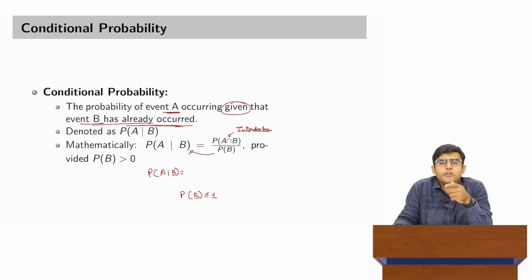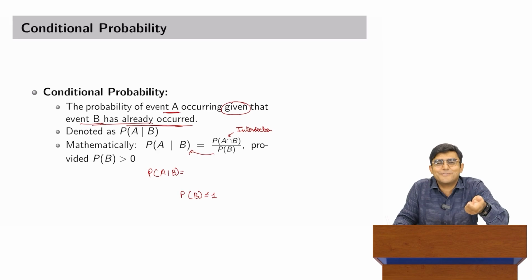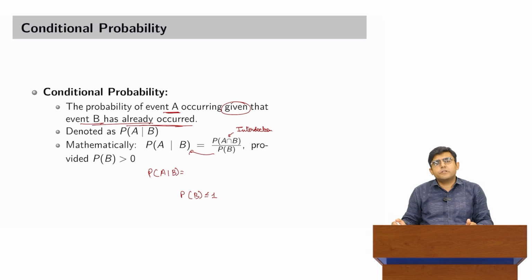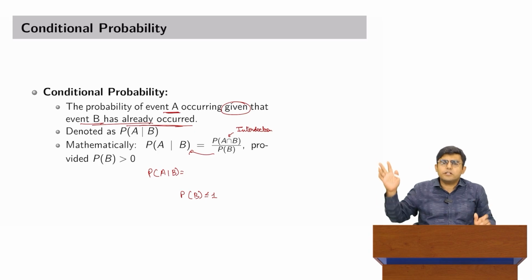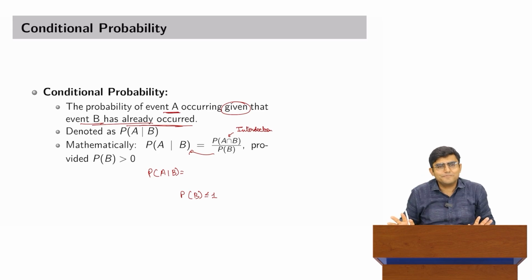When we have probability of A equal to a certain value, let us say 0.3, and we say that it is conditioned on another event B, and we already know that B has happened with a certain value, that means now we can have a probability estimate about A with much higher confidence. That is where conditional probability comes into the picture. Without that information, I have a certain estimate of that event happening.